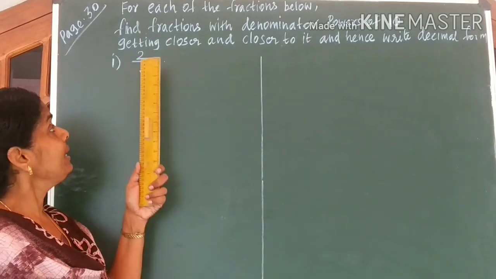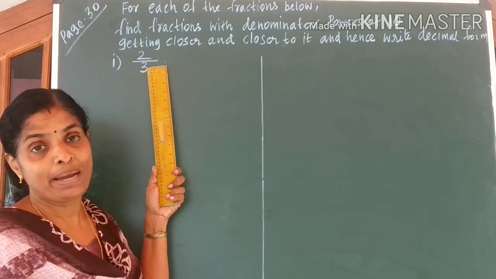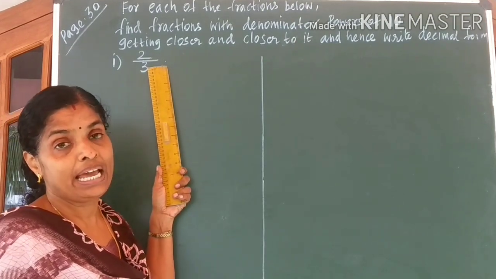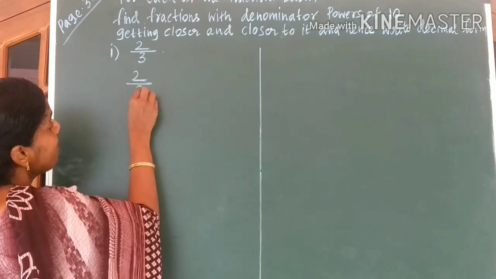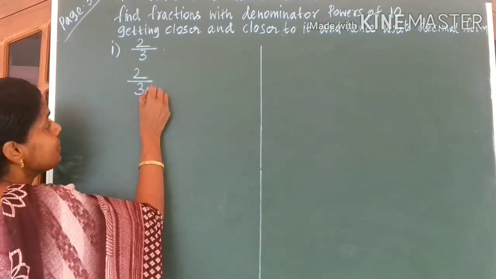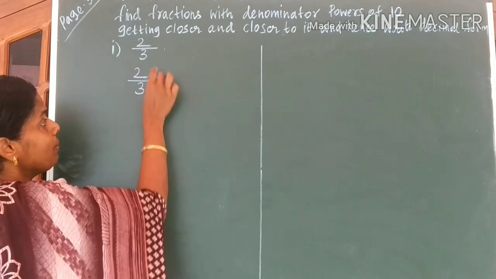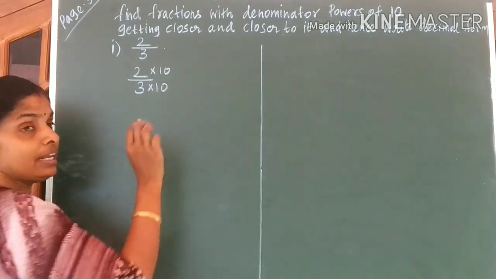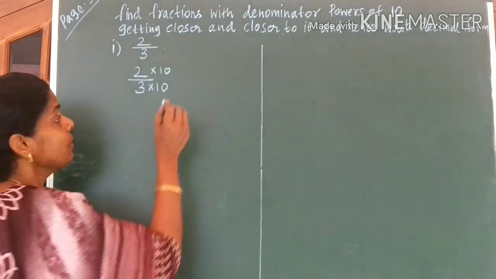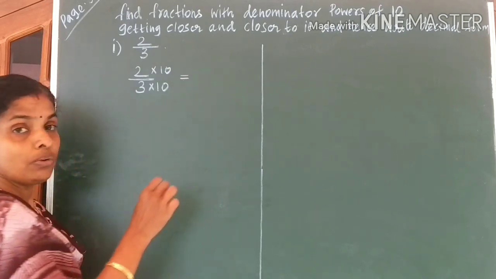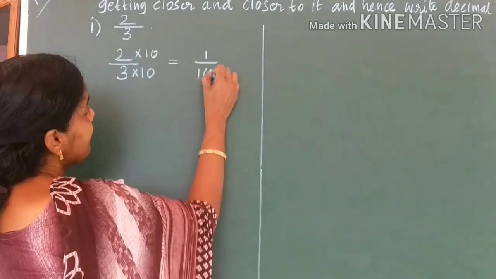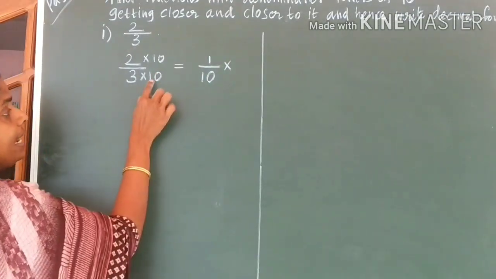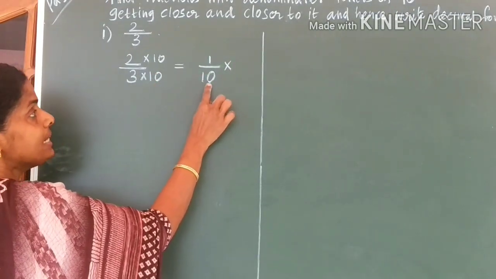See how I am going to do the question. First of all, take this fraction 2 by 3 and multiply and divide it by 10. 2 by 3 into 10 in the denominator into 10 in the numerator also. This is equal to, you can write it as 1 by 10 into, see I have taken this 10 first.